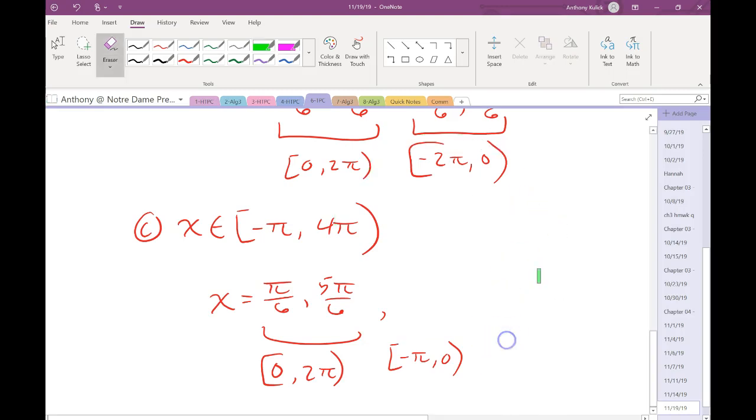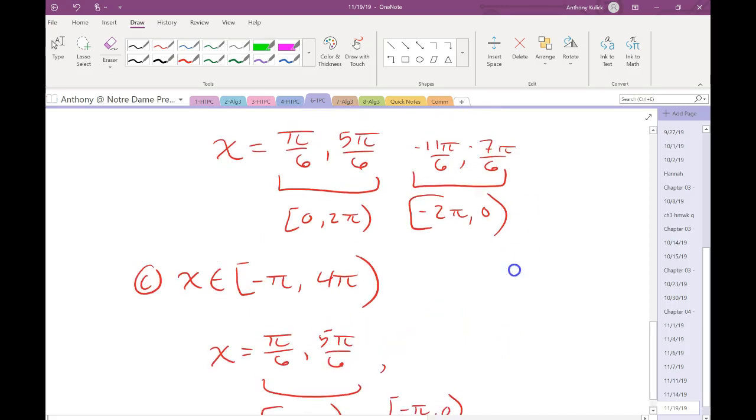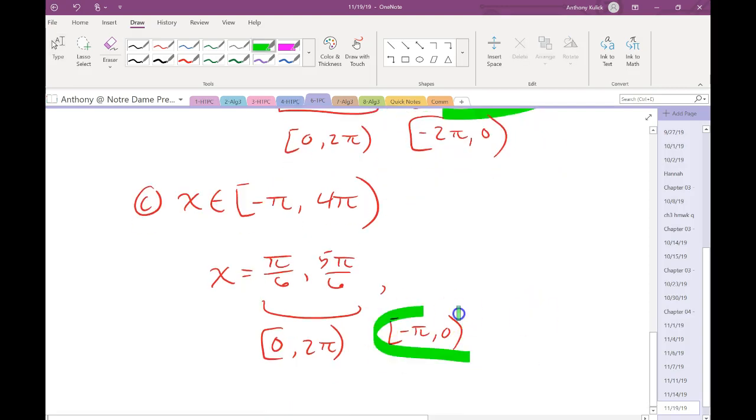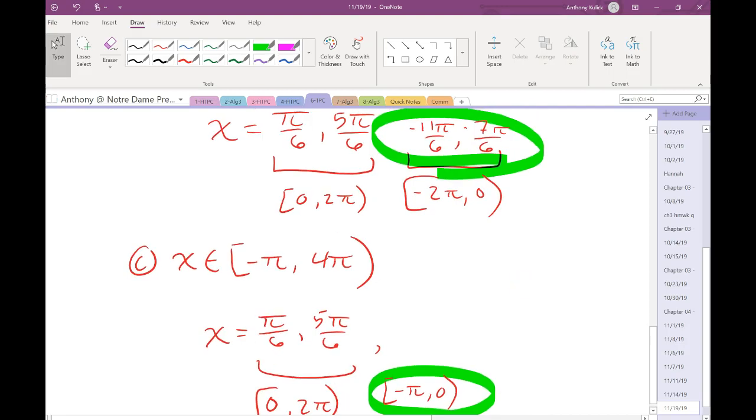So the only answers that could possibly go into negative pi to 0 are the answers from negative 2 pi to 0, right? So all I need to do is check to see if either of these two answers live inside that interval. Are either of those two answers bigger than negative pi? Well, they're both less than negative pi, because they're negative, so they're getting smaller the bigger the number gets.